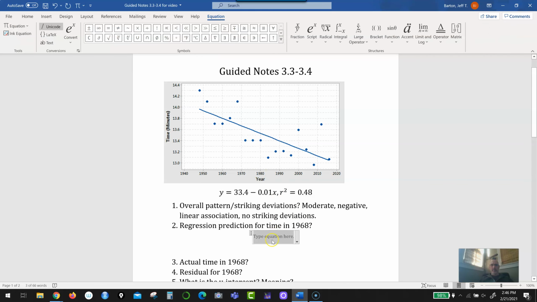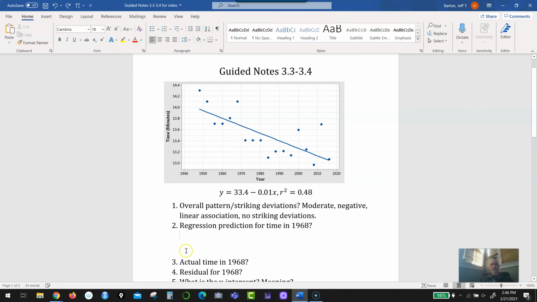All right, so maybe I'll do it without the equation editor. We know that the predicted y is going to be 33.4 minus 0.01 times the x value, which in this case is 1968. So I need to do this on a calculator.